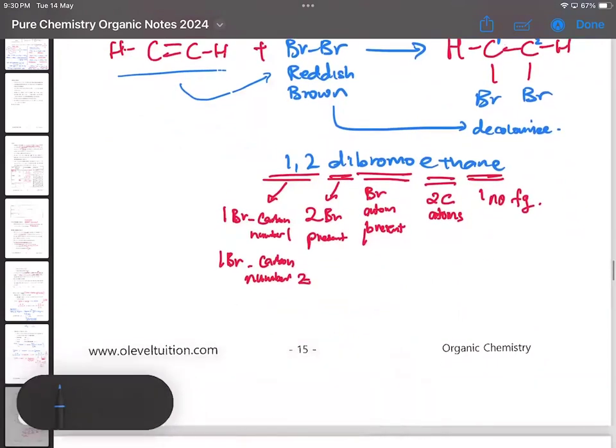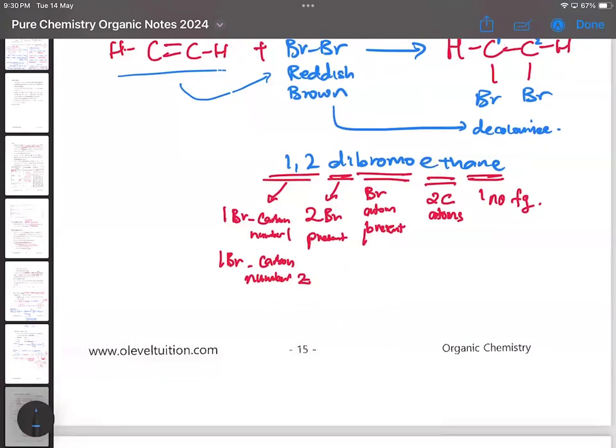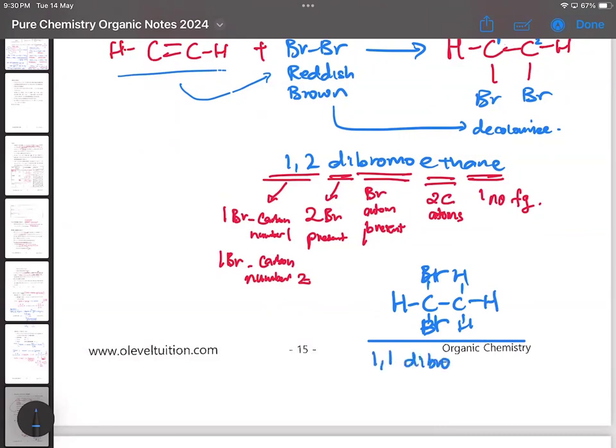Okay, let me show you what happens if you don't say the number. If you look at this, you notice the 2 bromine are on the same carbon, number 1. So to name this guy is actually called 1,1-dibromoethane.